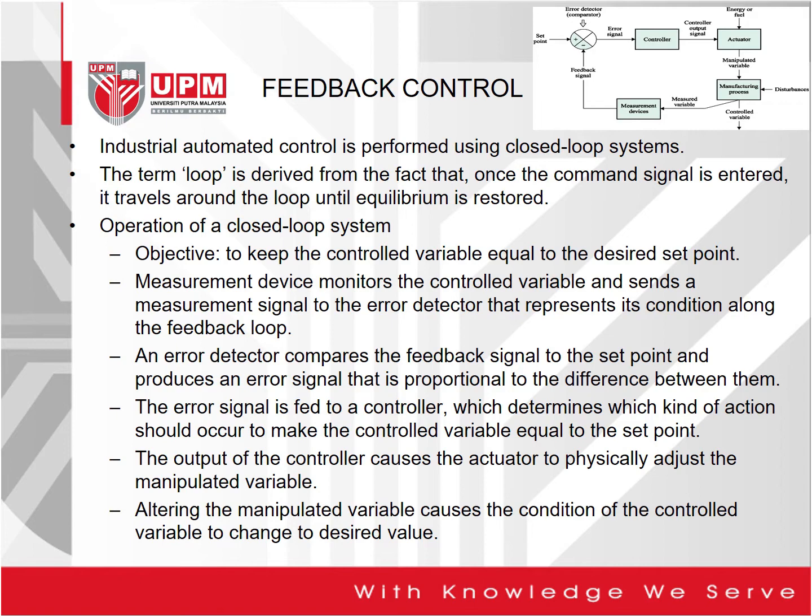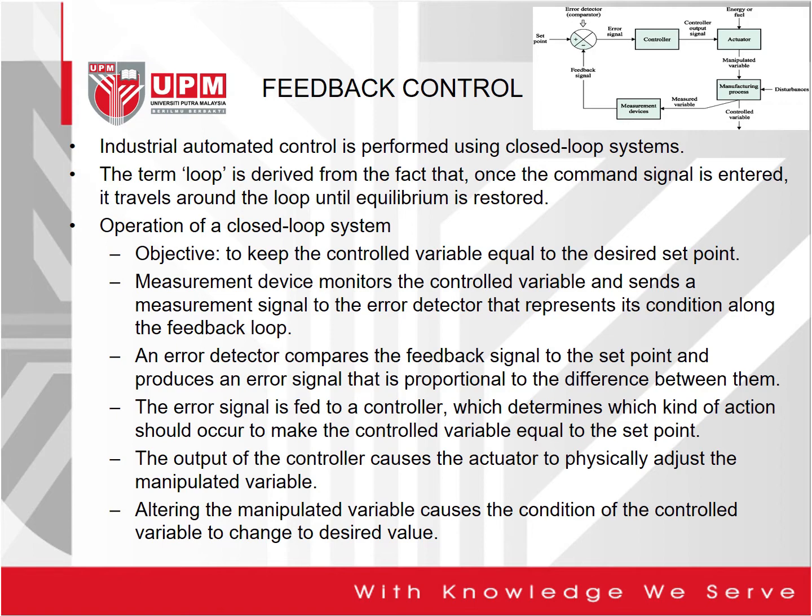So here the controller calculates and determines the kind of action that should occur to make the control variable equal to the set point. The output of the controller causes the actuator to physically adjust the manipulated variable.